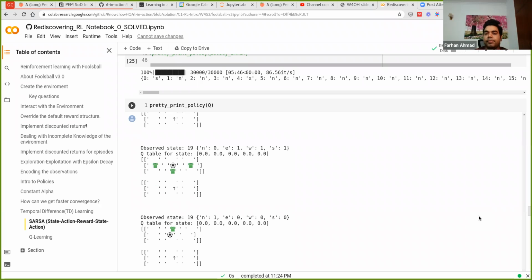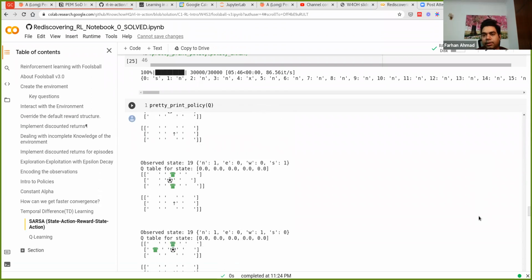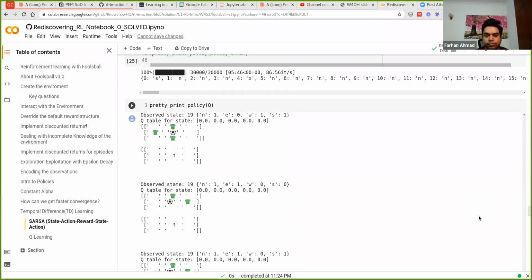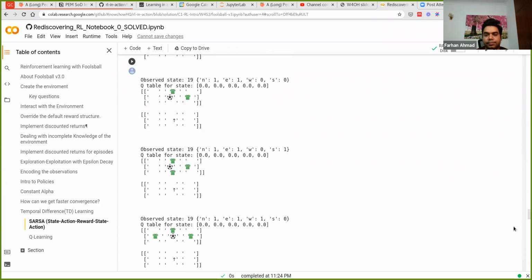And then the second part is, if they are nearby, how can we sort of guess the policy for them, even if we haven't really visited those state action pairs. So that is something to think about.